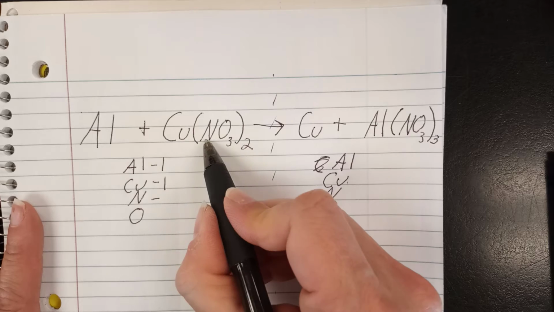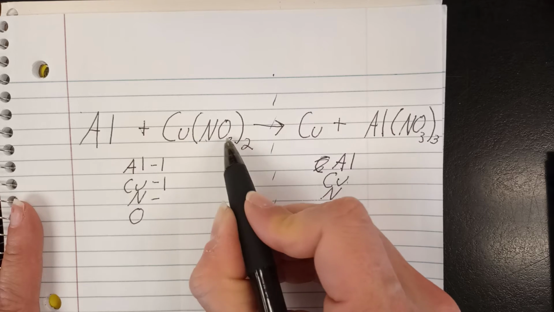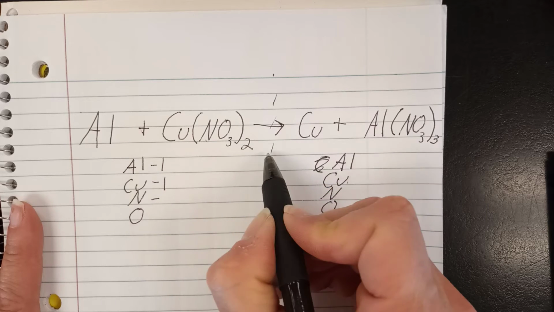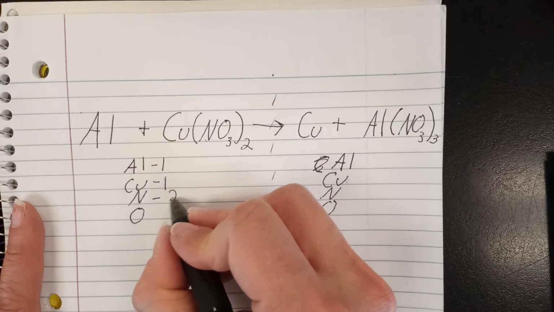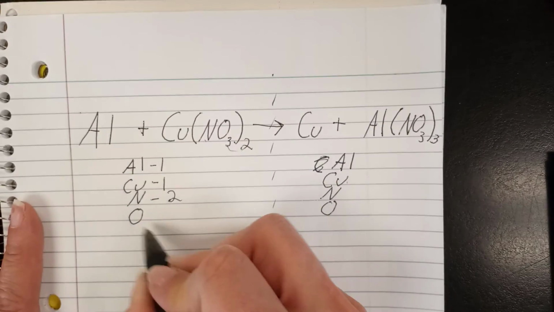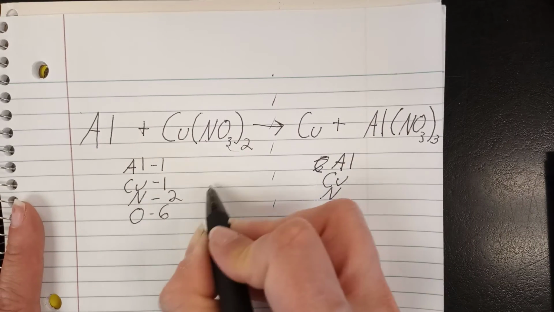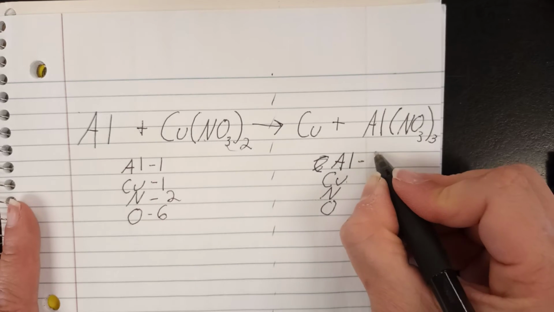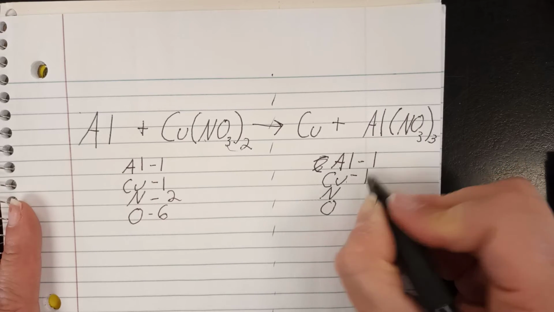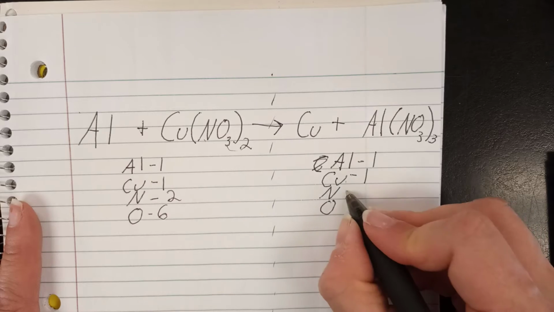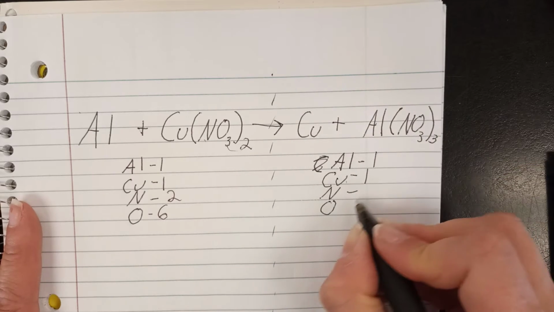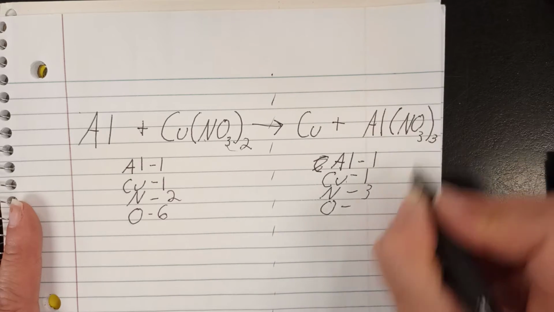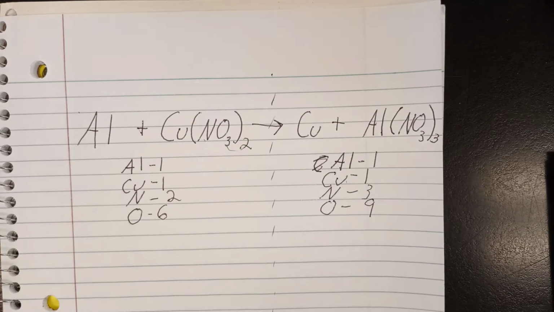If you look here, I have 2 nitrogen atoms, right? Because I have 2 of these NO3 groups. So I will have 2 nitrogen, and then I'll have 6 oxygen over there. Okay. On this side, I have 1 aluminum and 1 copper, right? And then I have 3 nitrogen atoms and 9 oxygen atoms.